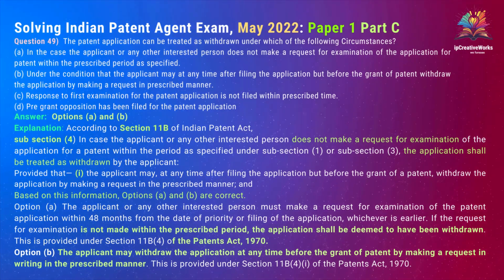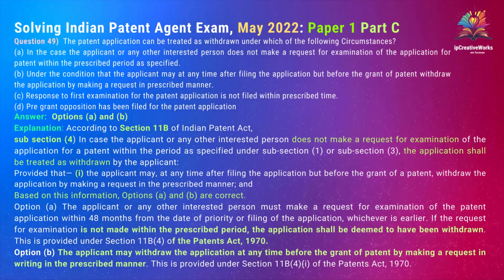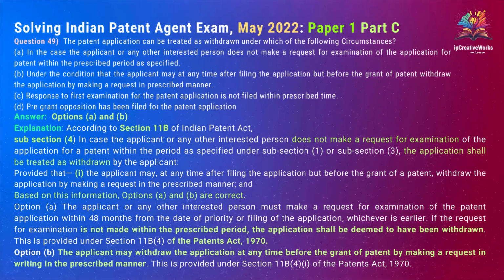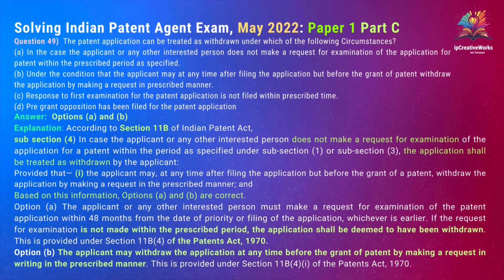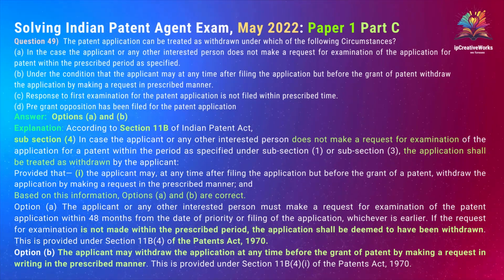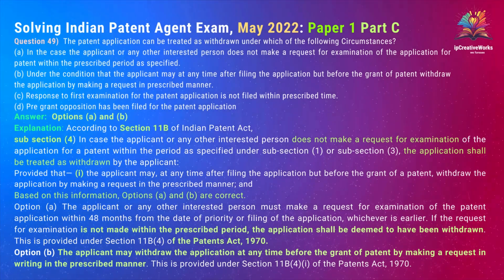B. Under the condition that the applicant may at any time after filing the application but before the grant of patent withdraw the application by making a request in prescribed manner. C. Response to first examination for the patent application is not filed within prescribed time. D. Pre-grant opposition has been filed for the patent application. The correct options for question 49 are options A and B.